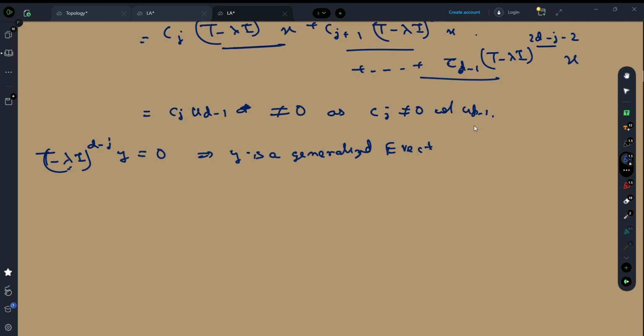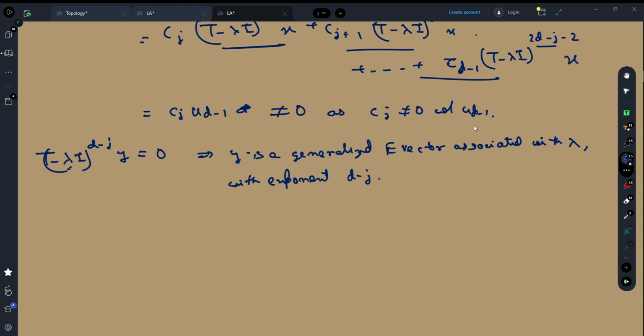So y is a generalized eigenvector associated with lambda with exponent d minus j. Clear?